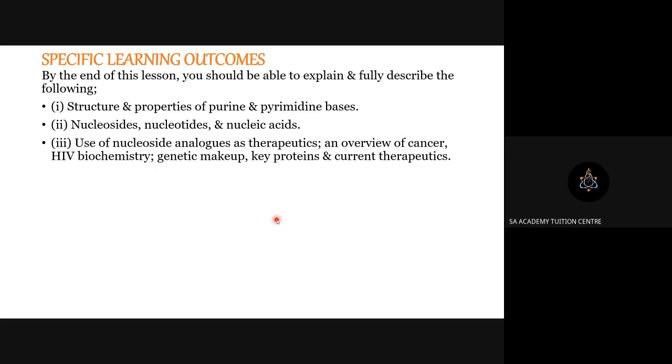What of a nucleoside? It's a nucleotide without a phosphate group. So a nucleotide without a phosphate group is called a nucleoside.